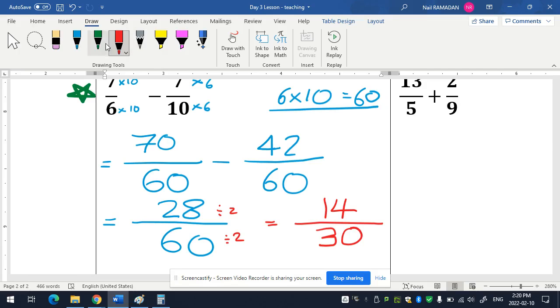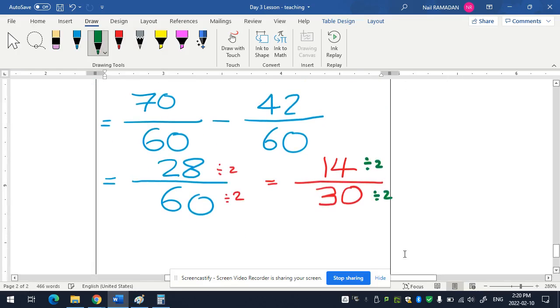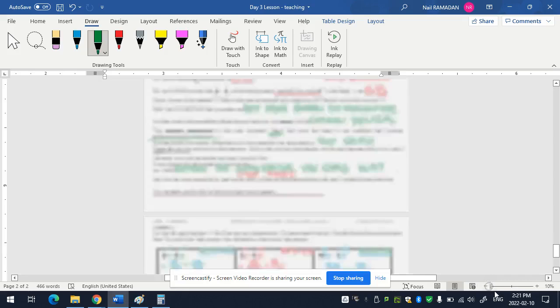Go again with 2. Divide by 2. Sometimes you have to do that. So what do we get? 7 over 15. And guess what? Check. That's it. No way it's going to go any smaller than that.